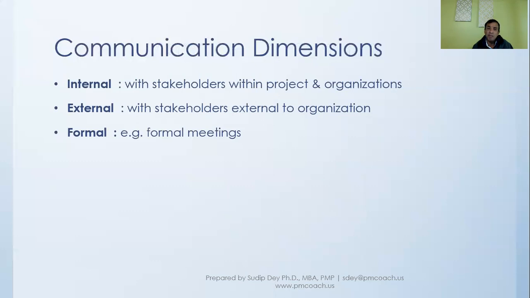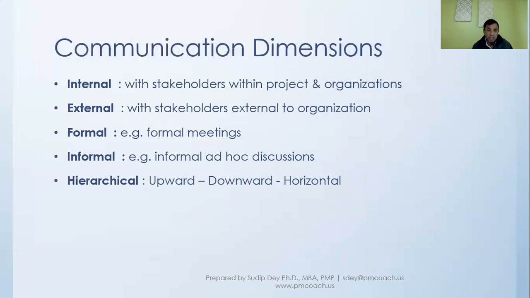Again, communication can be formal or informal. Like we said before, it can be formal meetings, we have a proper agenda and so on and so forth, or it can be informal, just an email, shoot out an email, expressing your ideas and seek ideas and so on. Then communication can be hierarchical. When we say hierarchical, it can be upward. When we say upward, it is communication with our senior management.